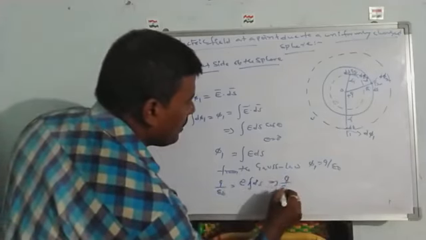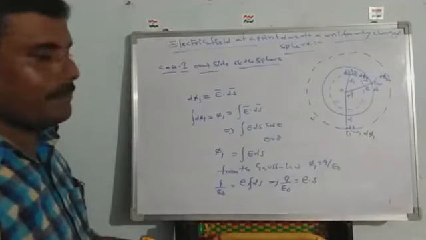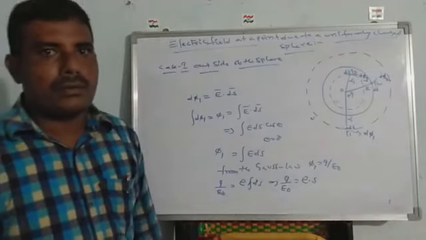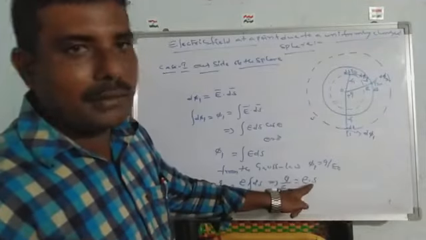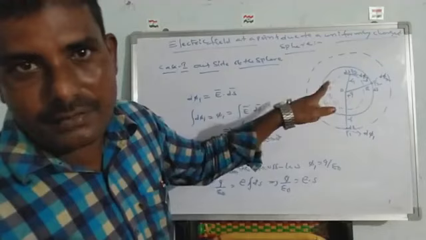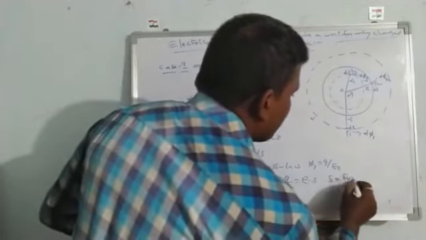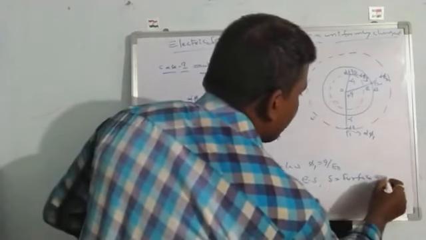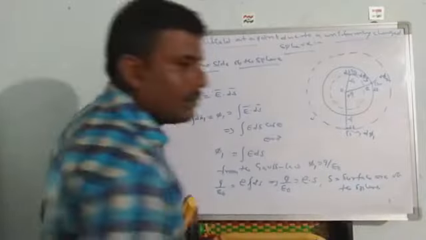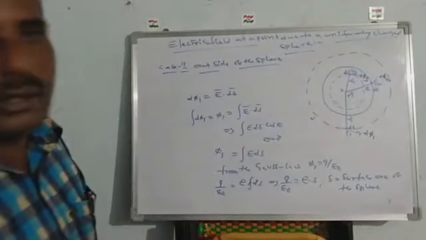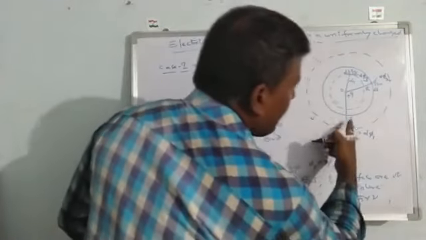That means q by epsilon naught equals E times S, where S is the surface area of the sphere. What is the surface area of a sphere? It is 4 pi r square.